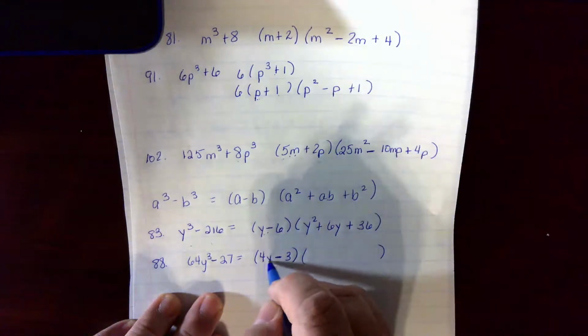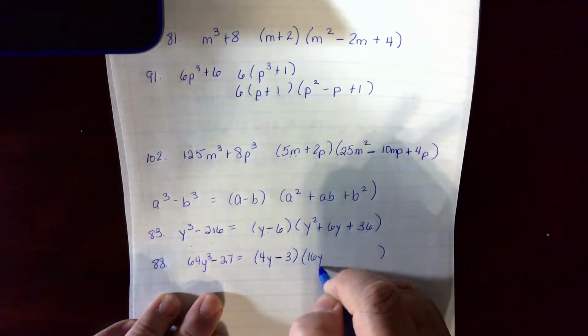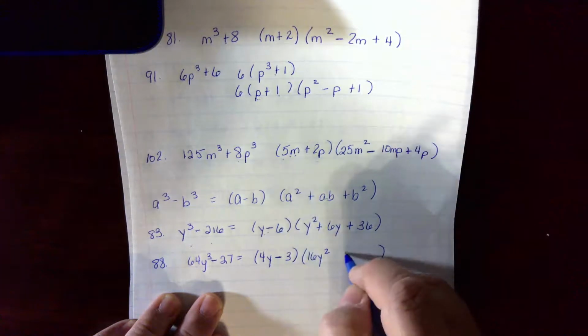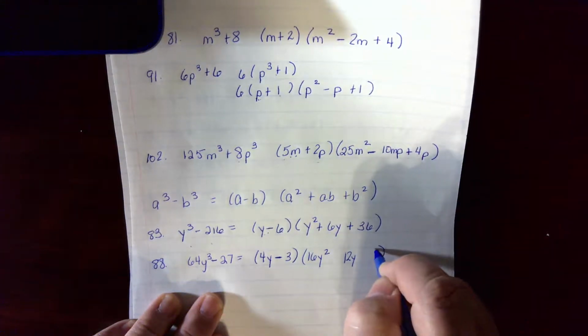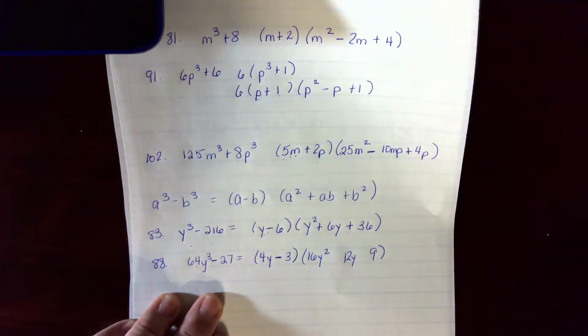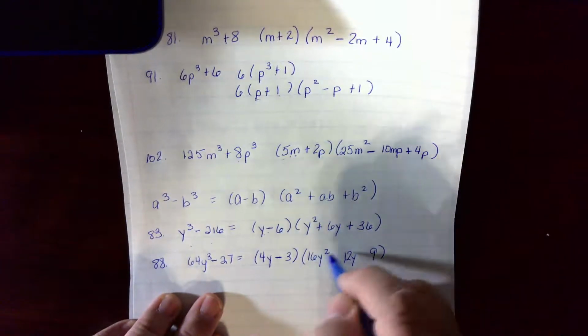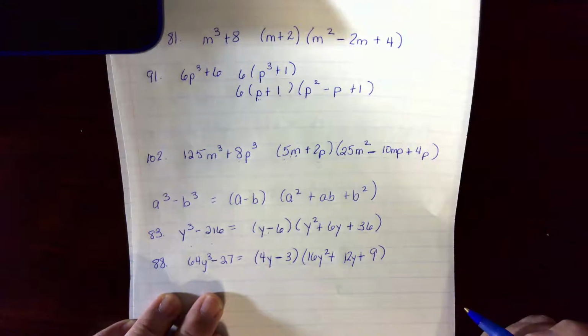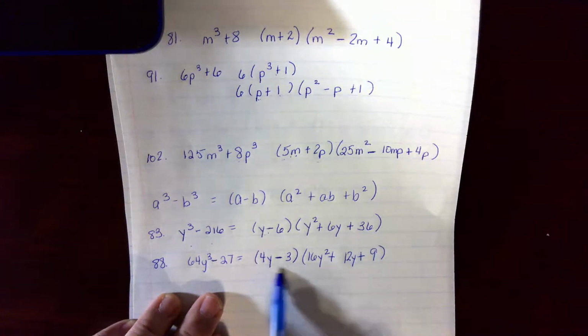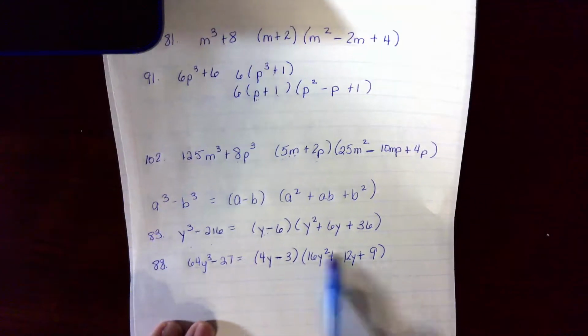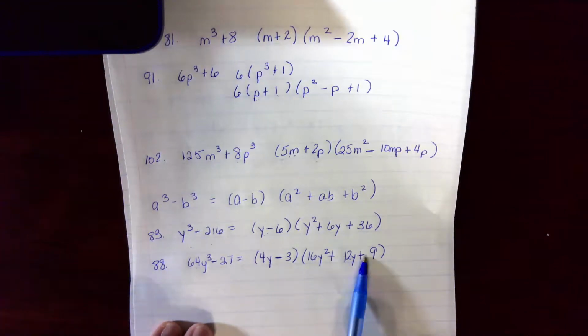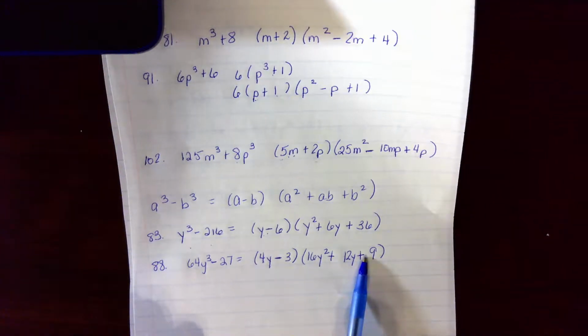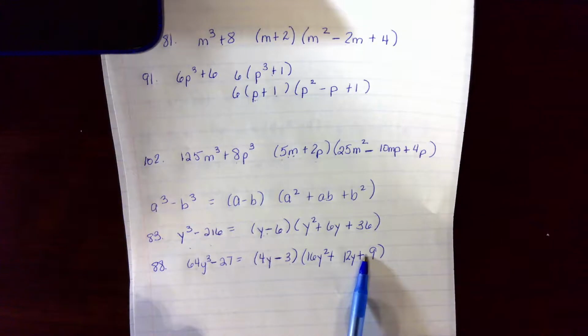Then I square the first one, I multiply them together, and I square the last one. If this is minus, this is plus. This is always plus. So there's my factoring. And remember I said you won't ever be able to factor that trinomial any additional amounts.